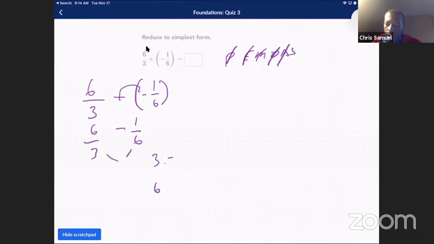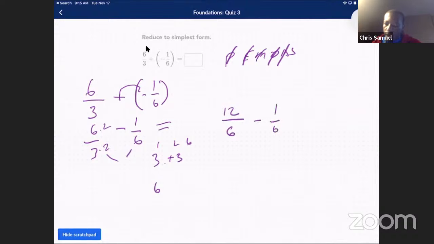And then after we do that, we can look at the two numbers here. So we'll multiply this by 2, because we only use 2 multiples of 3, and that would lead us to 12 over 6, and then you have minus 1 over 6.